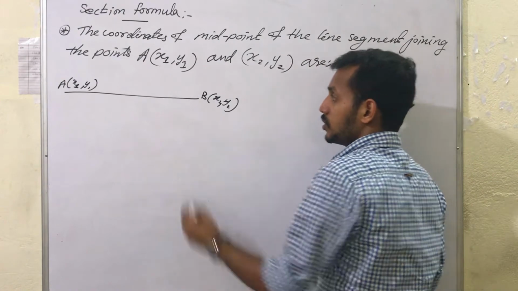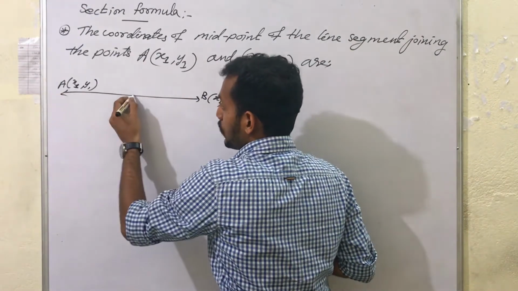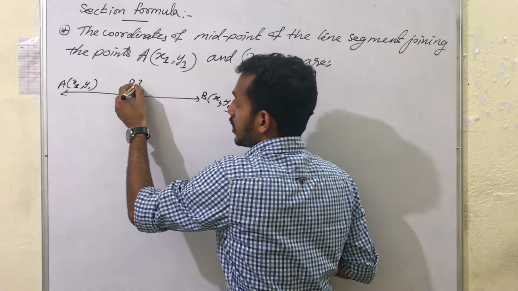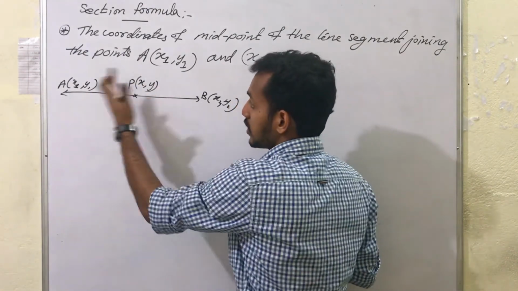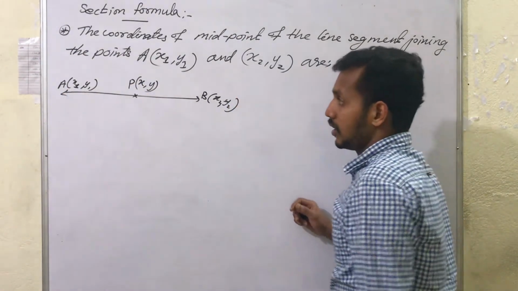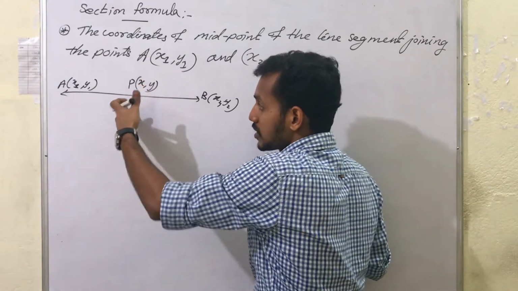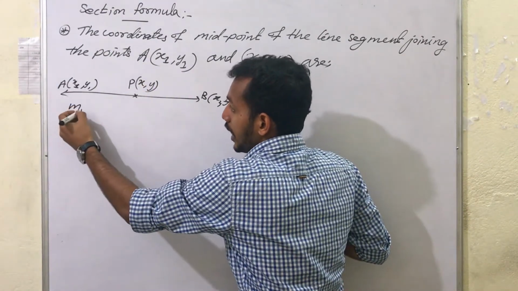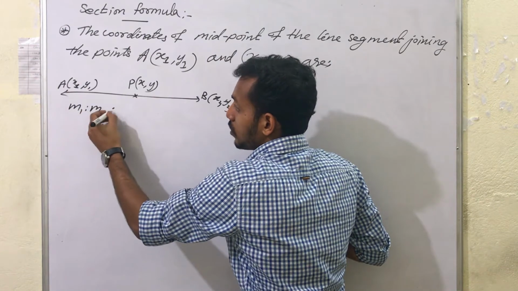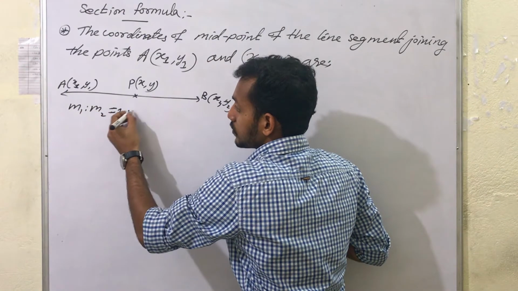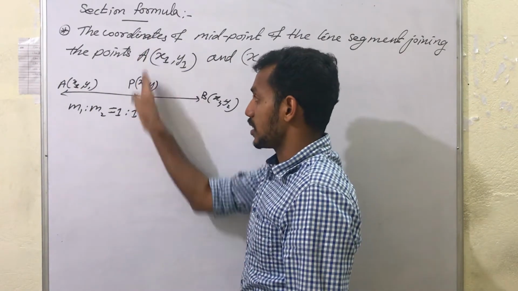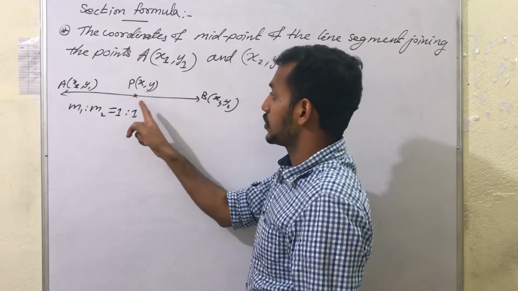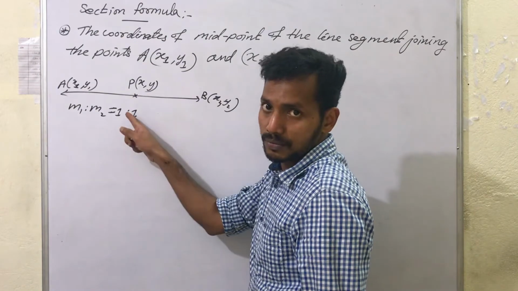So in this case, if a point P is exactly at the middle of this line segment AB, that means it bisects, at the midpoint, then m1 is to m2 will be 1 is to 1. The ratio will be 1 is to 1 because it is at the exact middle of this line segment.